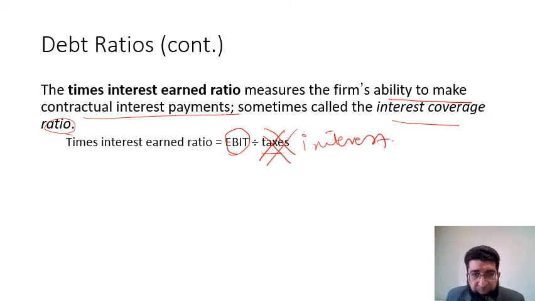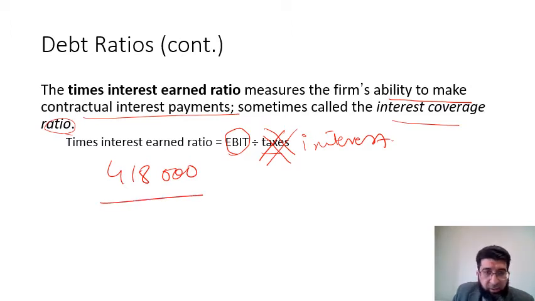That's a misprint. So in our case, this value is 418 divided by 93,000 in interest. That comes out to be 4.49.